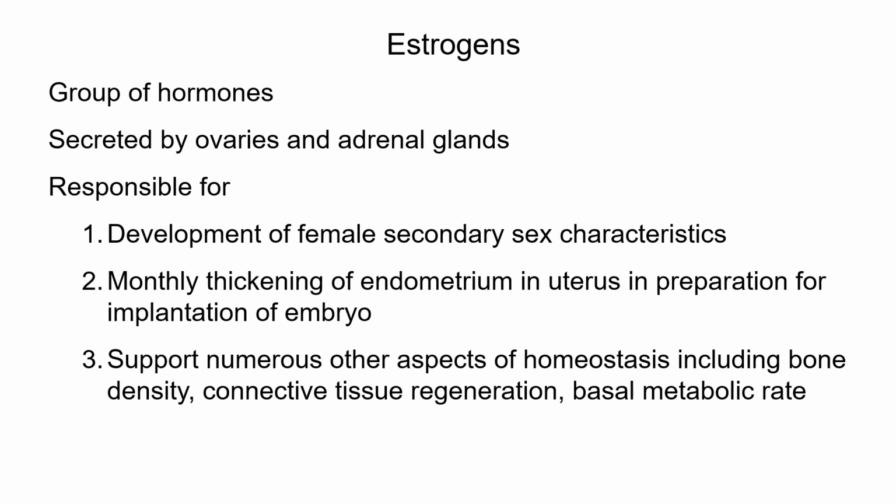Estrogens are responsible for the monthly changes that occur in the thickness of the endometrium with the reproductive cycle. And then lots of body tissues have receptors for estrogens, and estrogens play a role in bone metabolism, in connective tissue regeneration, and in regulating basal metabolism.